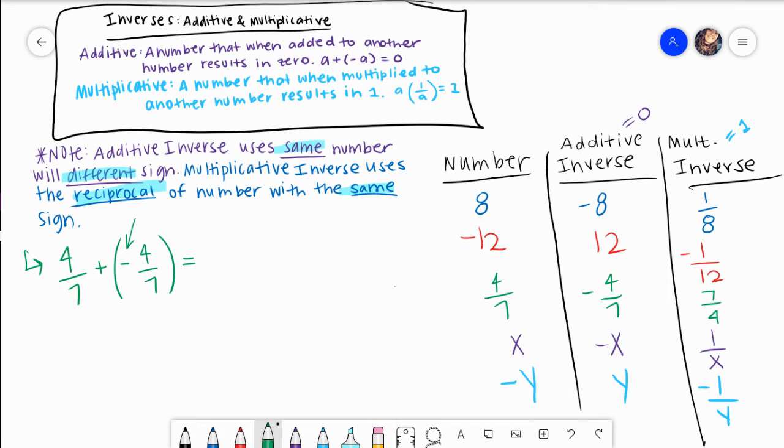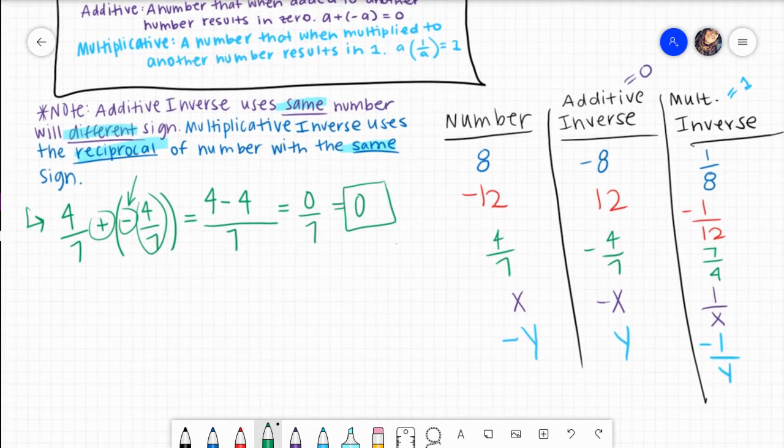So what you get is 4 minus 4 over 7. 4 minus 4 is 0 over 7. 0 over anything, we've done this in a previous video, 0 divided by anything is just 0. So do you see how what I did was I added the same number, different sign, and it resulted in a 0. So those are additive inverses.